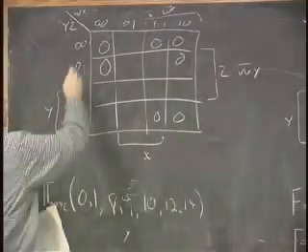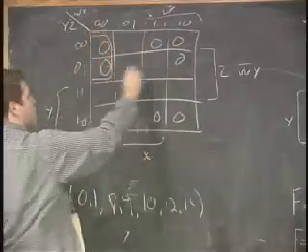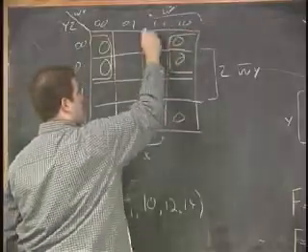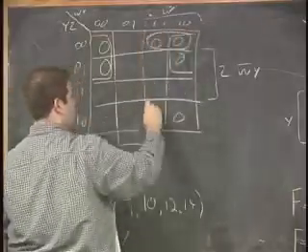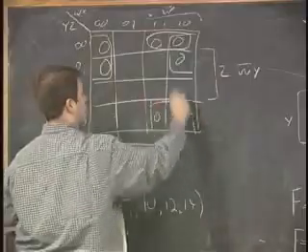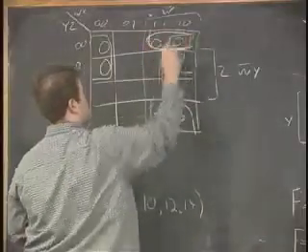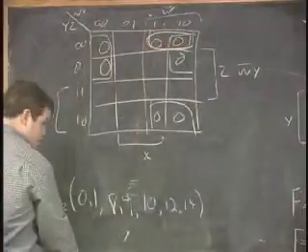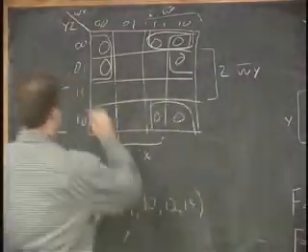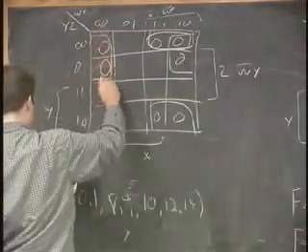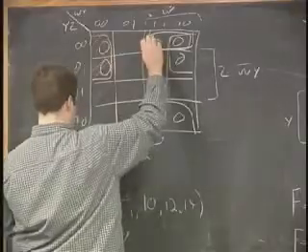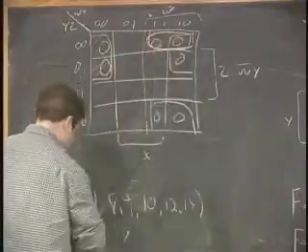So let's draw our zeros in. Now let's draw our circles. Okay. Now let's define our distinguished one cells. Actually, that one doesn't.